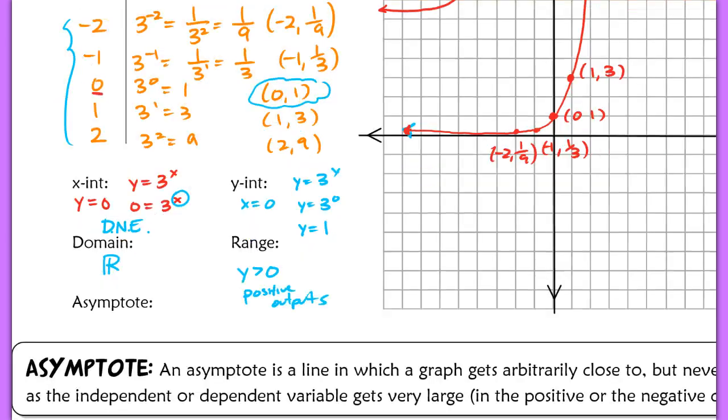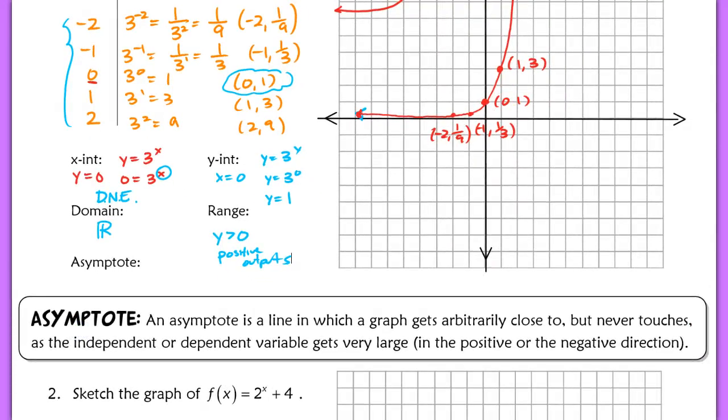Okay, the last thing that we're going to talk about is an asymptote. Here's the definition right underneath: an asymptote is just a line which a graph gets arbitrarily close to, but never actually touches, as your independent or dependent variable gets very large. We're specifically looking at where x gets very, very negative, a very large negative value.